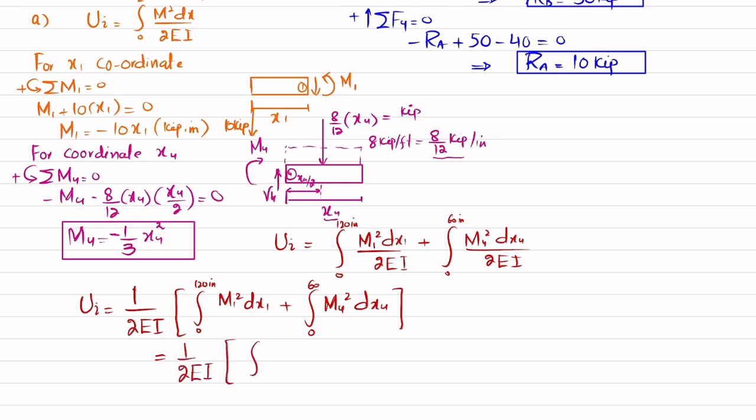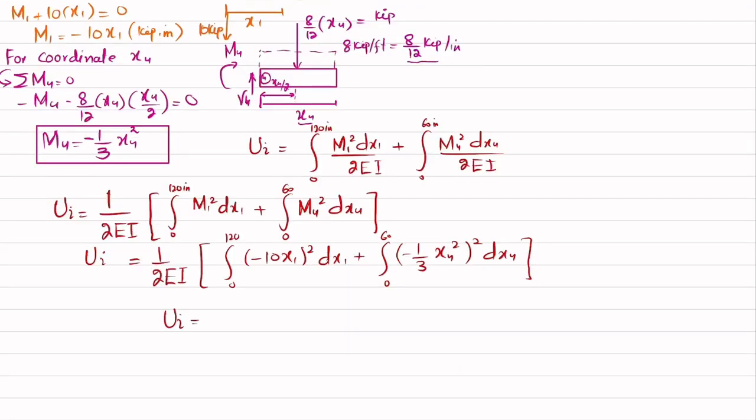Put in the values: U is equal to 1 over 2EI times the integral from 0 to 120 of (minus 10 x1) squared dx1, plus the integral from 0 to 60 of (minus 1 over 3 x4 squared) squared dx4.